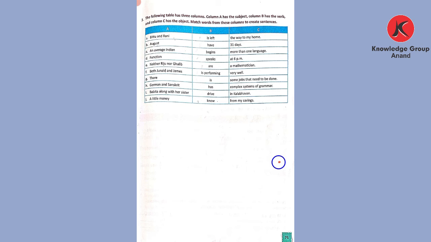Let's go to the second one. August has 31 days, you can say. Second, let's go through the next one. An average Indian speaks more than one language.